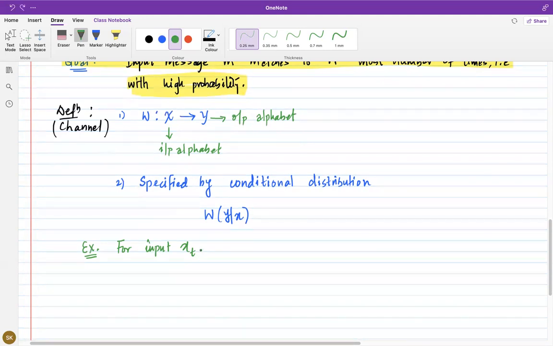Of course, this xt is taking values in calligraphic X. The output that you see, denoted as yt, the tth instant output, is actually a random variable. So I should denote it using capital letters. It is a random variable which is distributed as this distribution W.